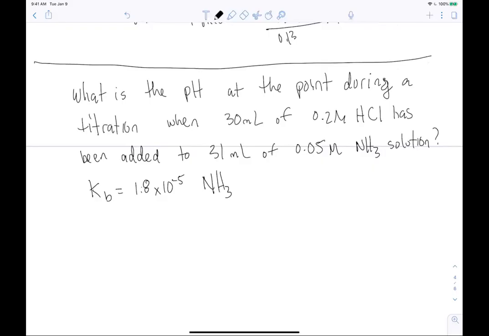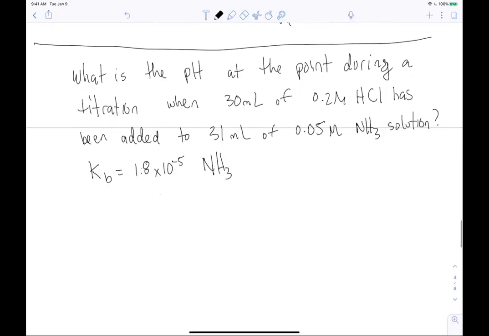So this problem, even though it uses the word titration, really is just the same as the last problem that we worked, at least the setup for it is similar.